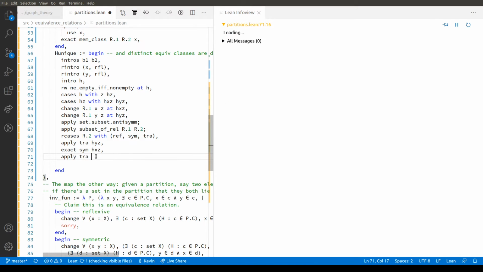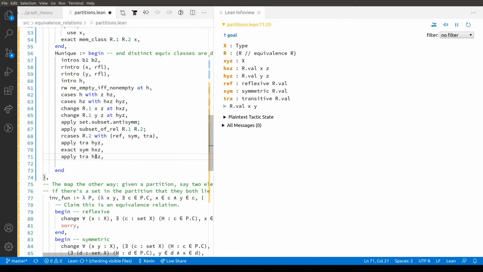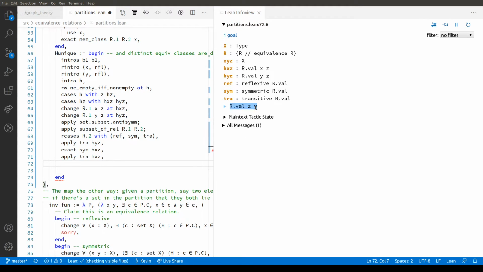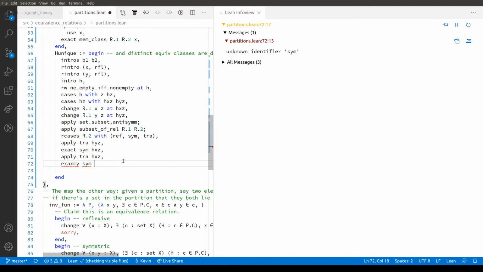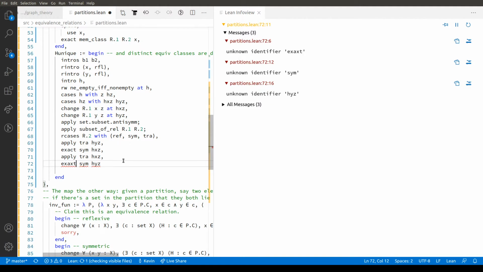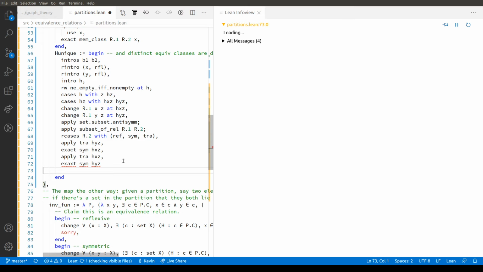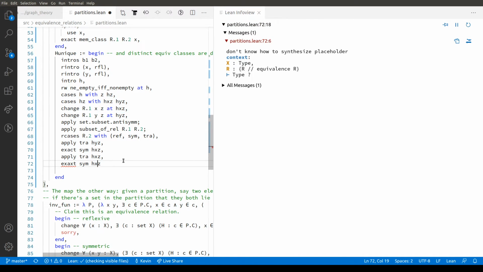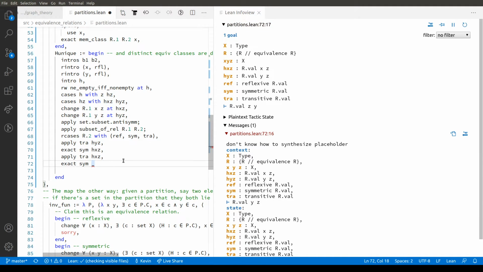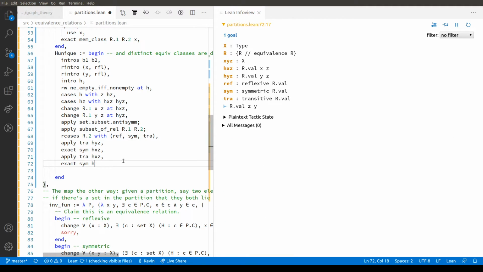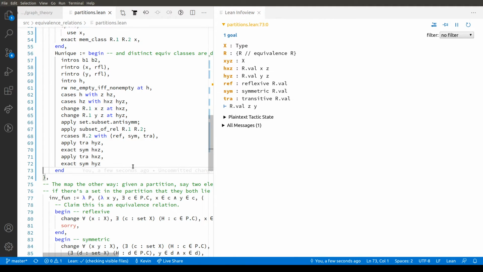I'll apply transitivity and the fact that I know that x is related to z, and so it suffices to prove that z is related to y, and so again that's symmetry, symmetry, H, Y, Z. Oh, I spelled exact wrong. I've still spelled exact wrong. That's the problem. Exact sim something. I'm supposed to be proving it's x, y. There we go. So there's the proof of that.